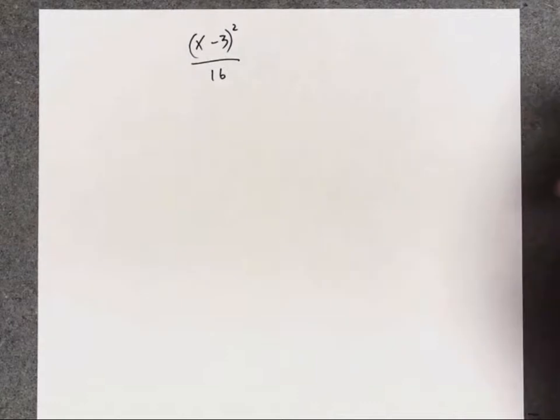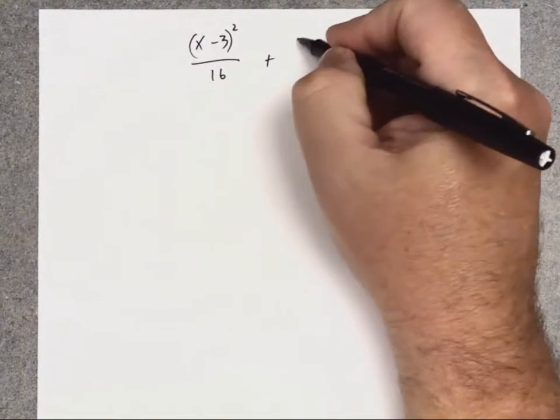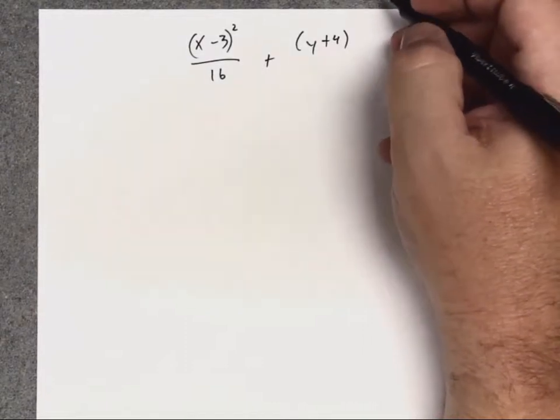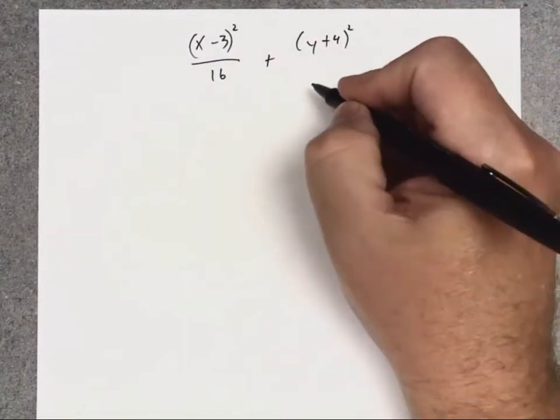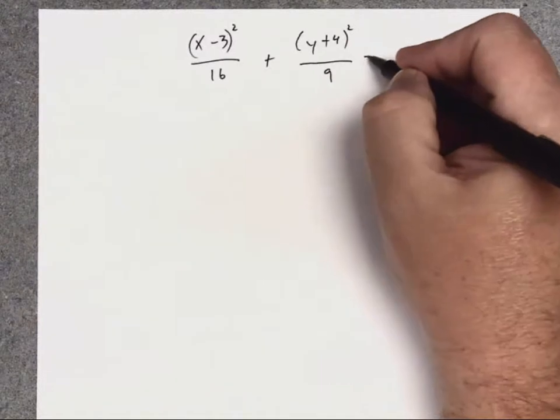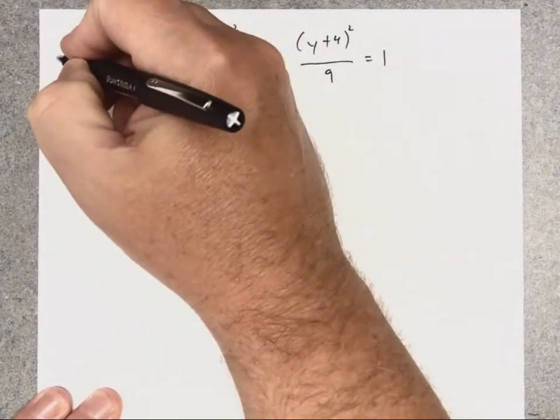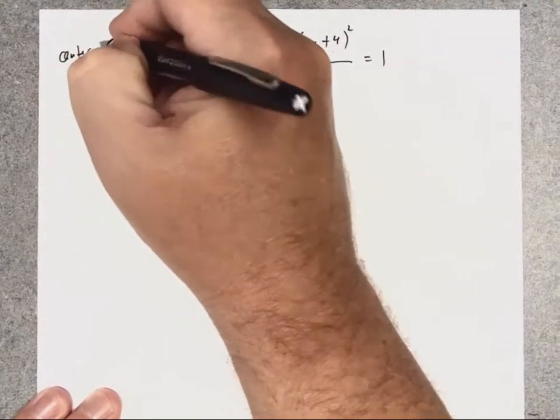X minus 3 quantity squared over 16, then y plus 4 quantity squared over 9, equals 1. So for this problem, we're asked to find various things. Just so you know, we're asked to find the center.